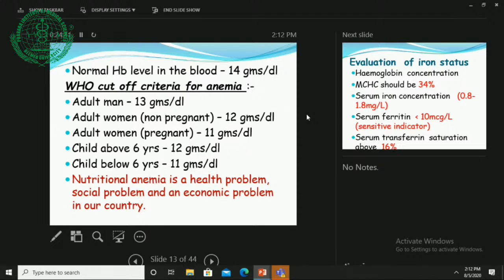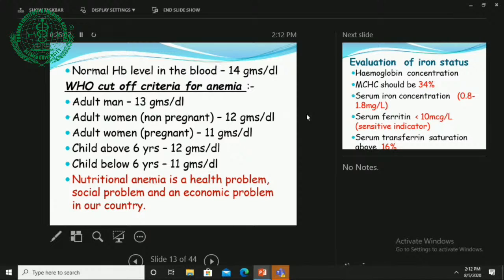Now we'll see what is the normal value for hemoglobin, and what are the cutoffs for labeling a person as anemic. The normal hemoglobin level in blood is 14 grams per 100 ml, or deciliter.